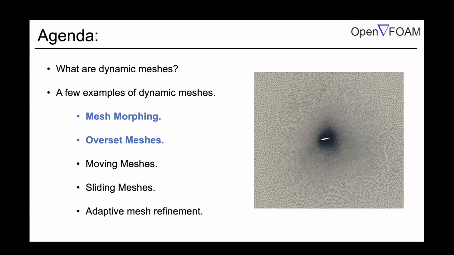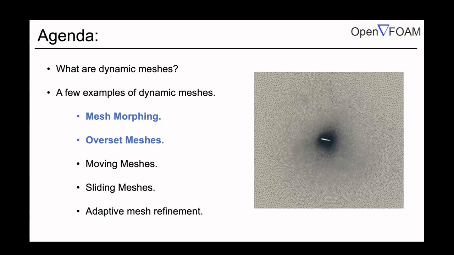All right. And this is, for example, an animation of one way of moving the mesh. You can see a pitching airfoil is moving, and this is an unstructured mesh, but there is a circular region around the airfoil which is actually moving with the airfoil, and it is morphing, which means that the cell volumes are also changing at some scale.